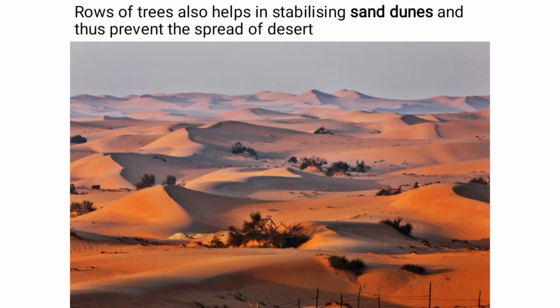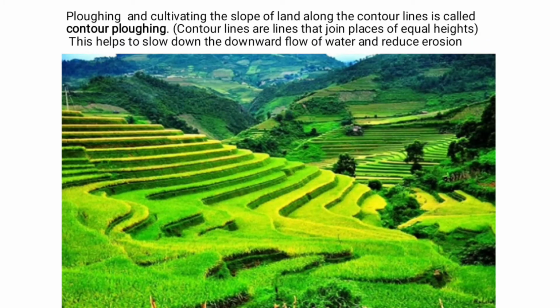Another method to control erosion, especially erosion by water, is contour plowing. Plowing and cultivating the slope of land along the contour lines is called contour plowing. Contour lines are the lines that join places of equal heights.